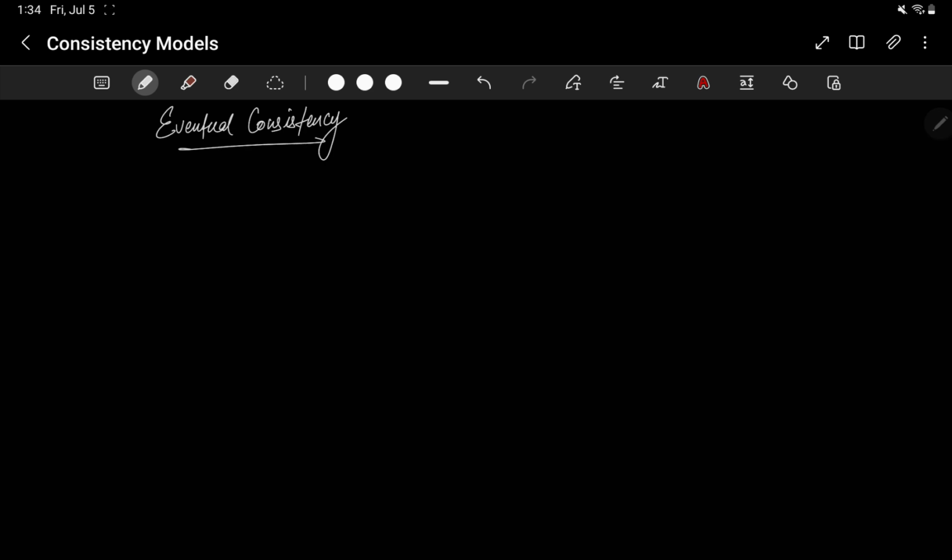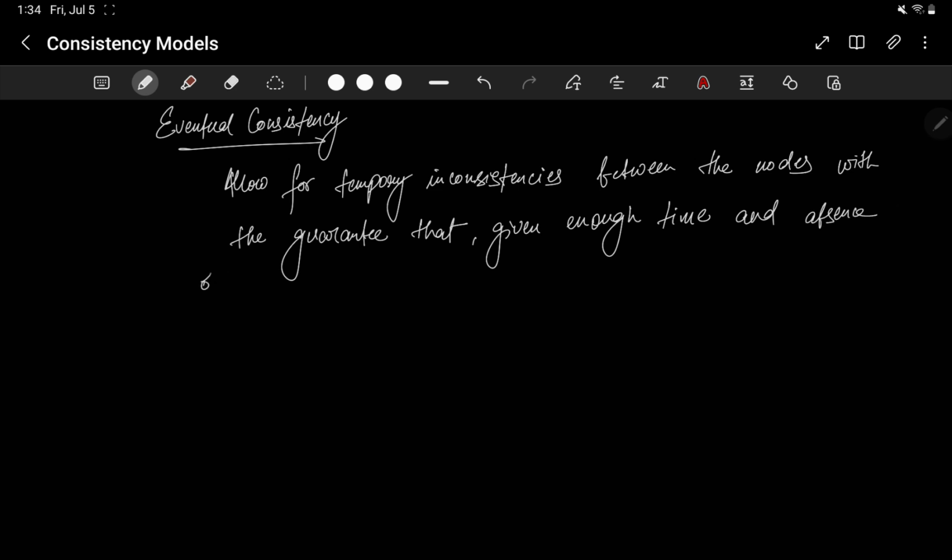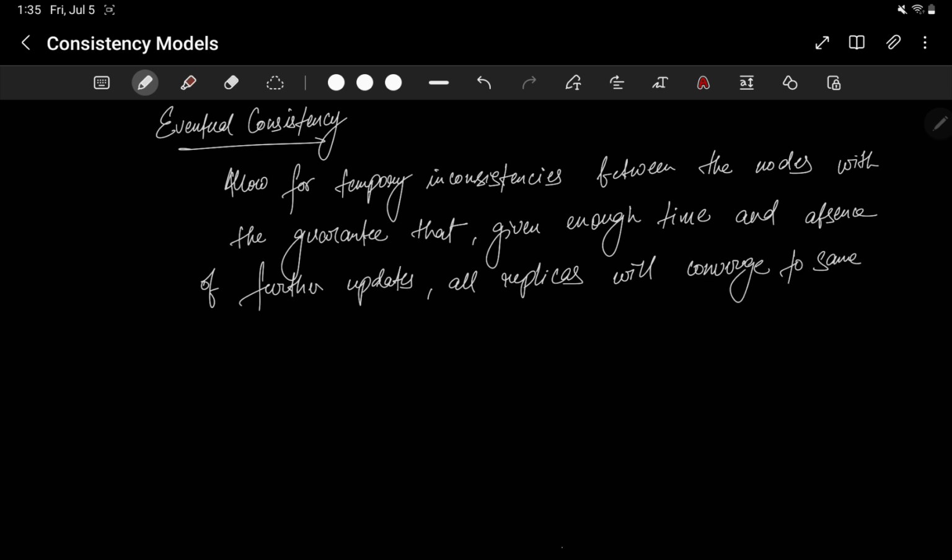Eventual consistency allows for temporary inconsistencies between the nodes, with the guarantee that if given enough time, in the absence of further updates, all replicas will converge to the same state.